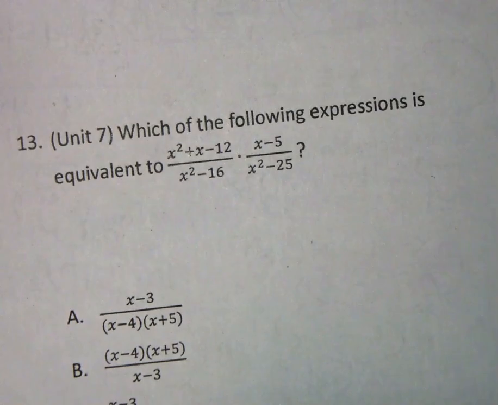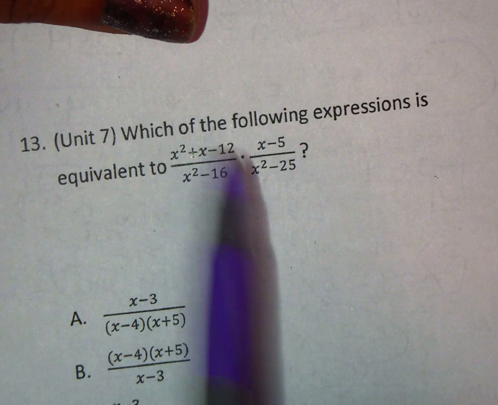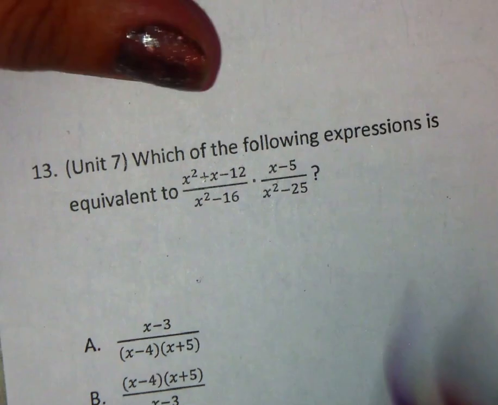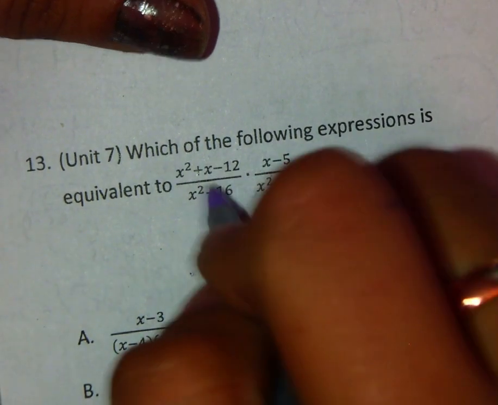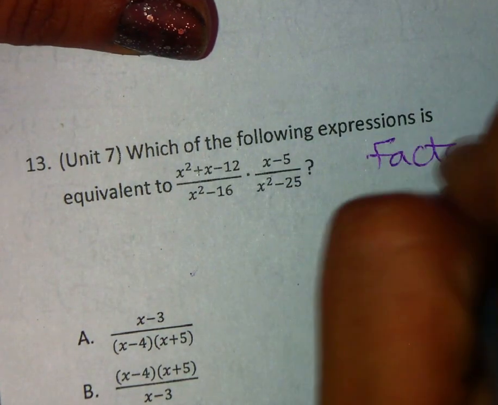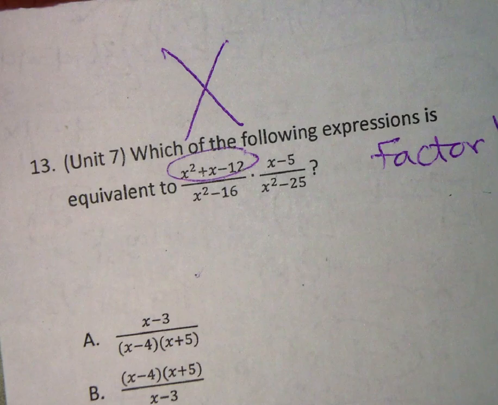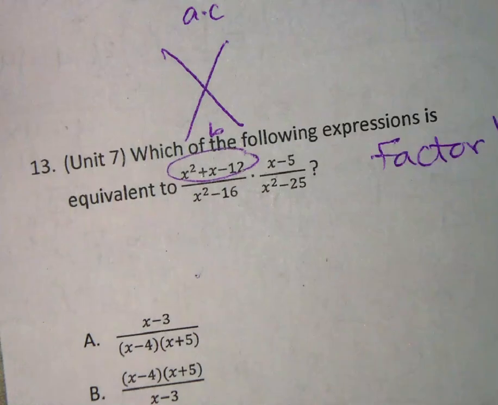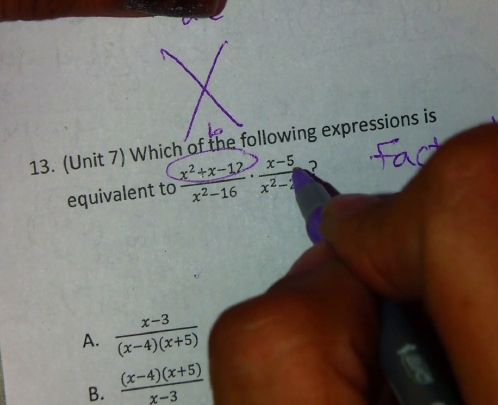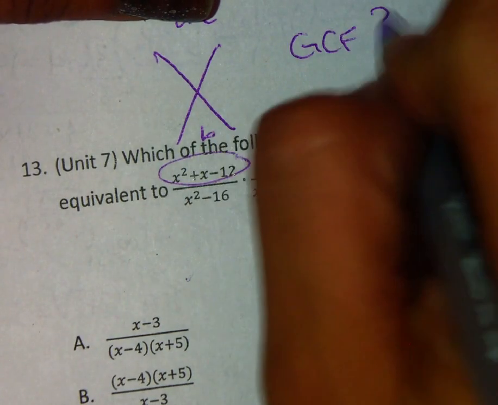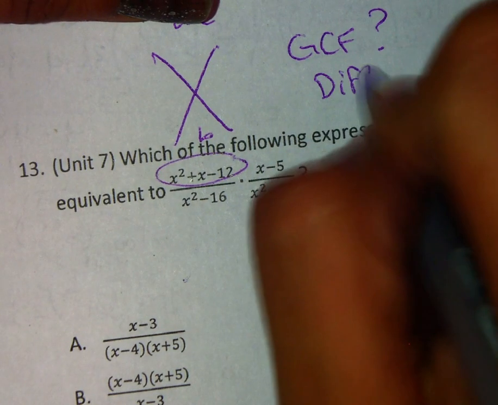All right, number 13, it's asking you to multiply these functions with each other. And the first thing you want to do here is factor. If you have a trinomial, you're going to do the big X, A times C, B. If you have a binomial, you check if there's a GCF or difference of squares.